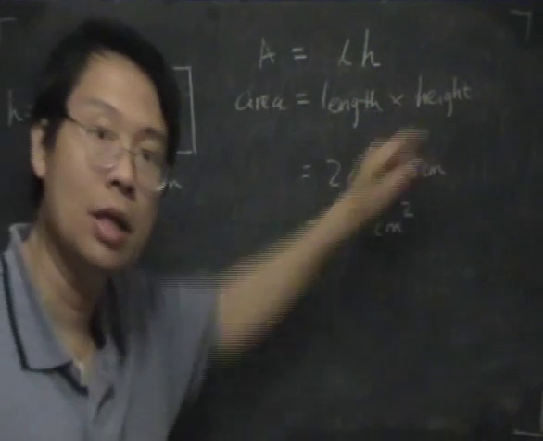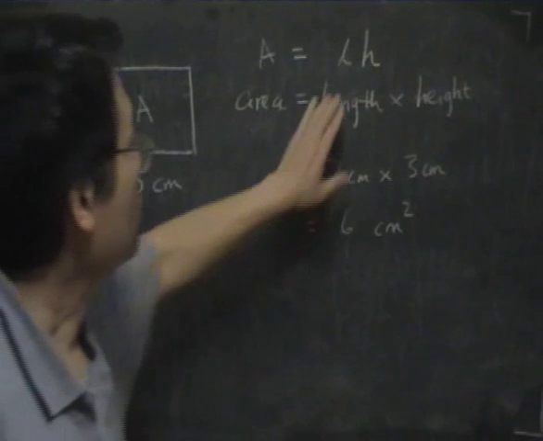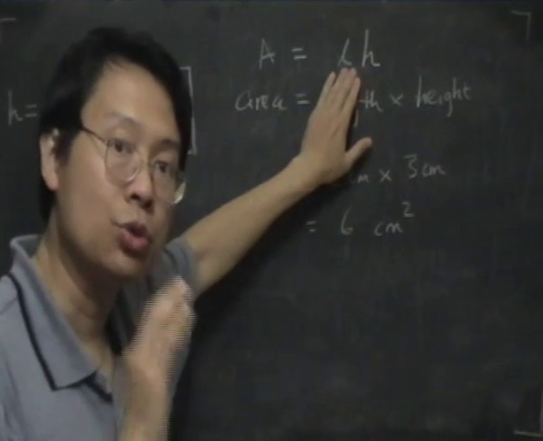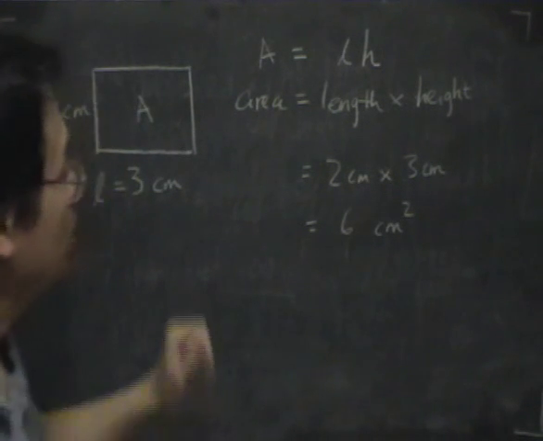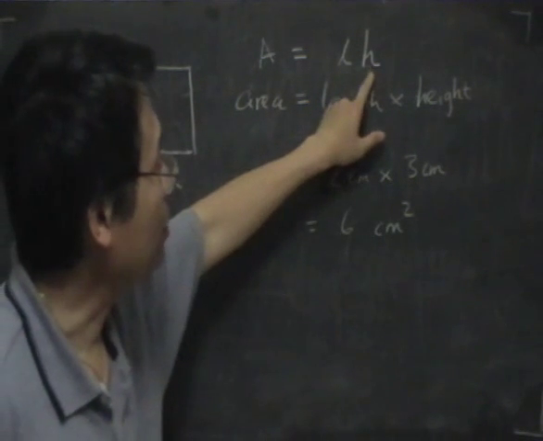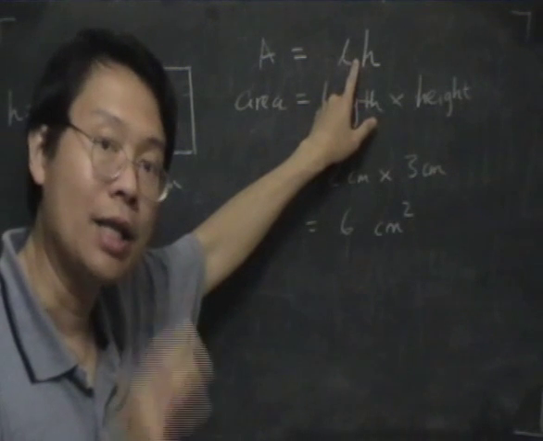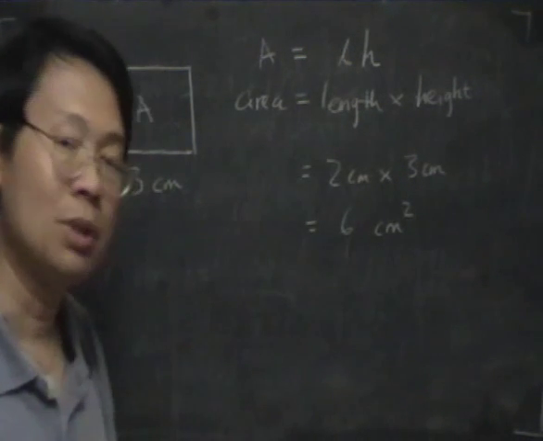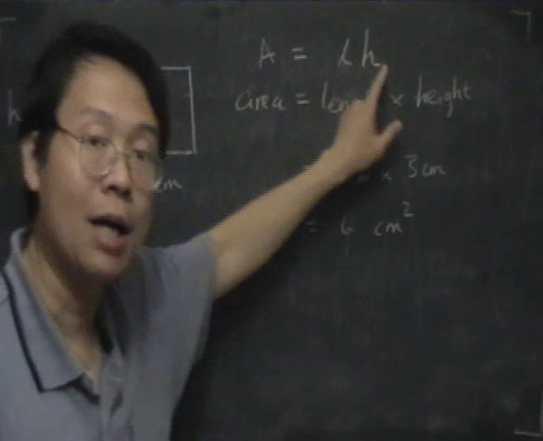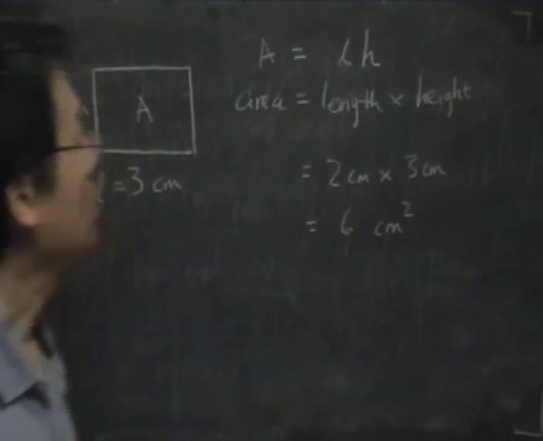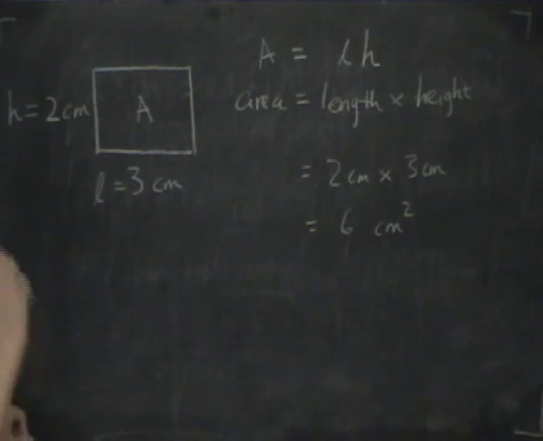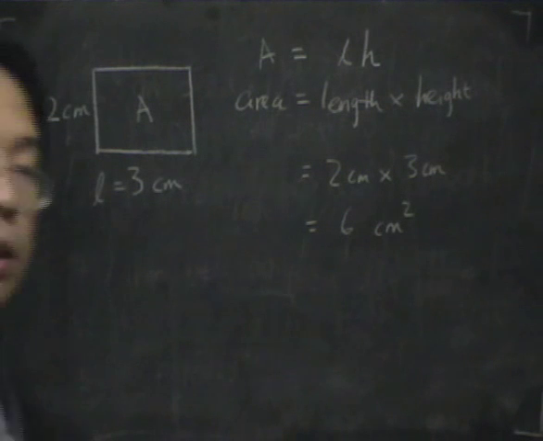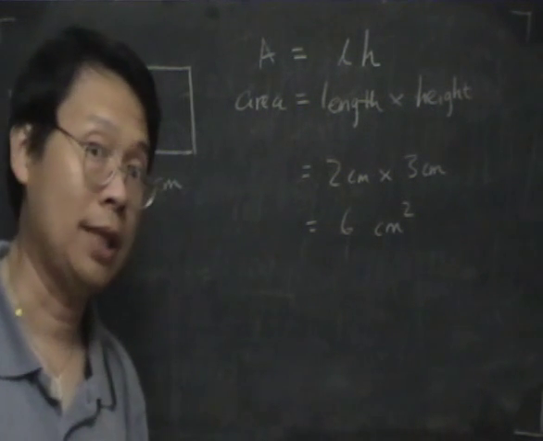So LH. Okay? And we treat this like we treat symbols in algebra. So if you have LH without anything in between, that means that it is L times H. So that's how we find the area of a rectangle.